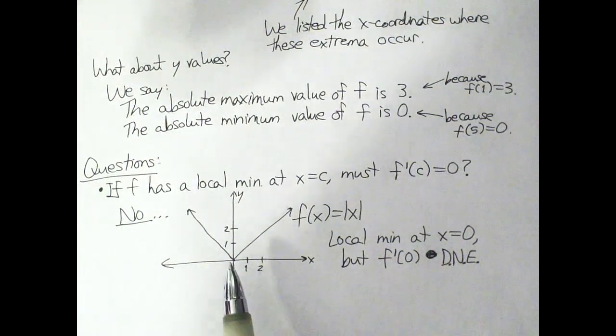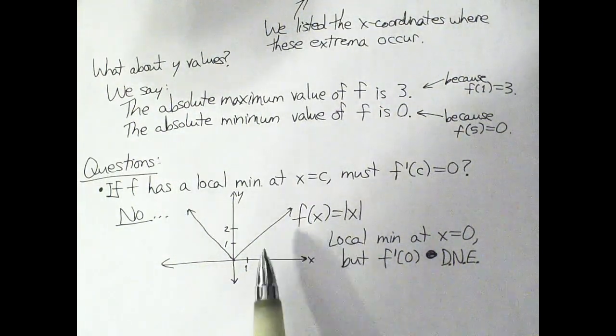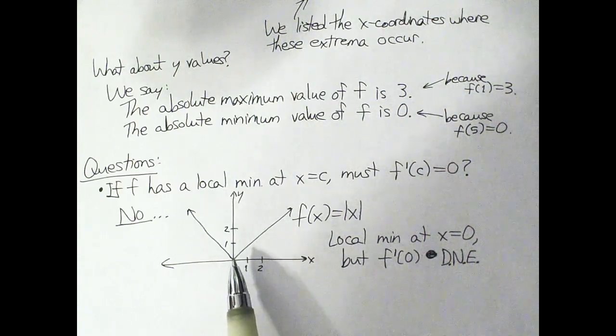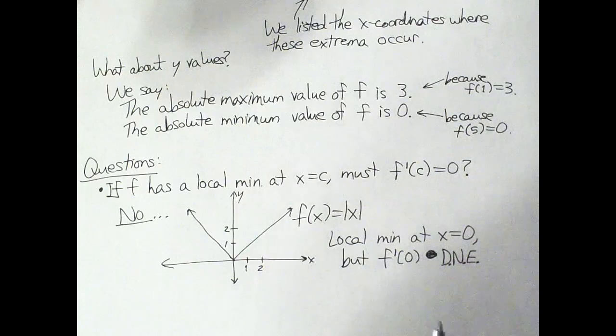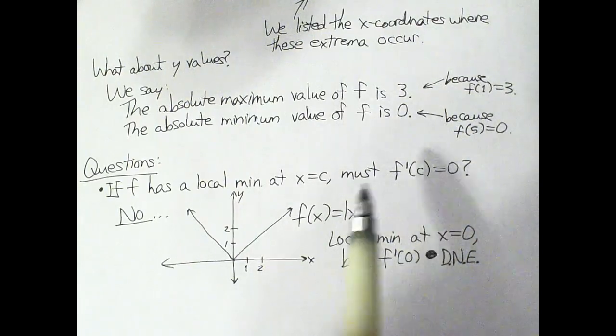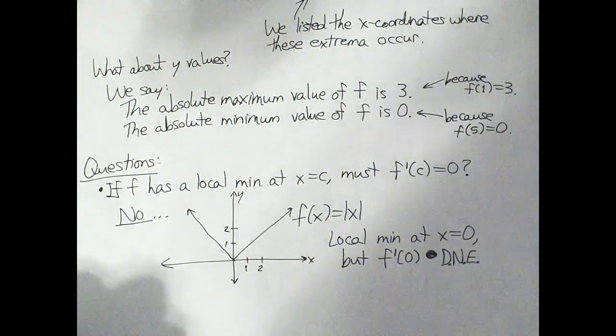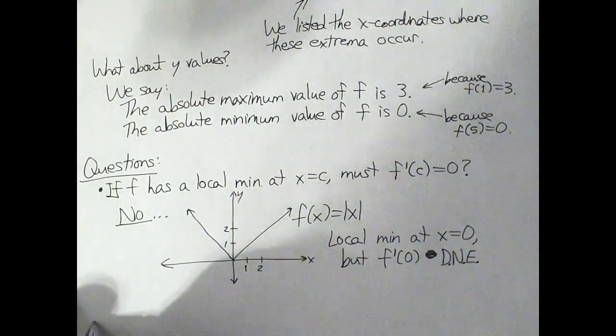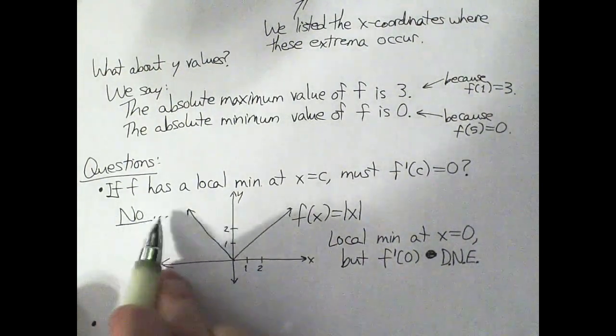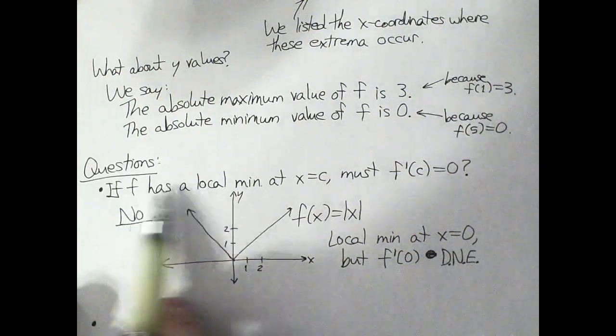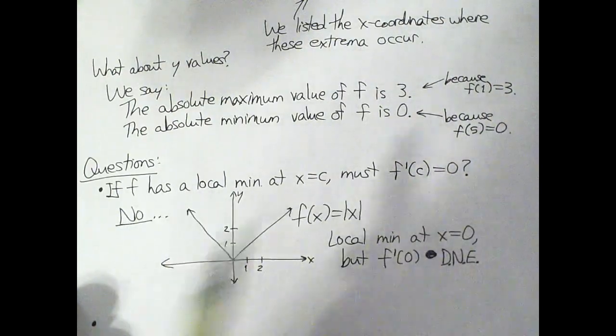In fact, I probably used the absolute value of x as an example back then of a sharp corner where the derivative doesn't exist. So the answer to this is no, because f prime of 0 does not equal 0 here. Okay? So the answer is, not necessarily. It doesn't have to equal 0.